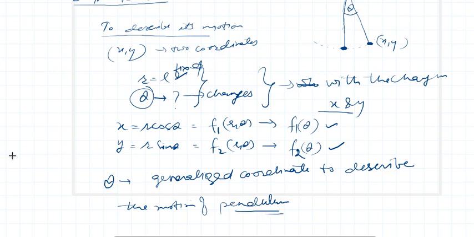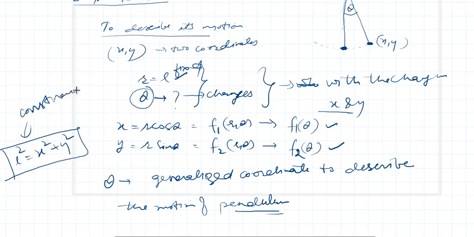Such that length should remain the same, meaning length squared is equal to x squared plus y squared. This is the constraint. Otherwise, how many coordinates are required to describe its motion? Two. And this is one constraint equation, 2 minus 1. So that means only one generalized coordinate will be there. So this is a very simple idea of generalized coordinates, and this makes our life simple.